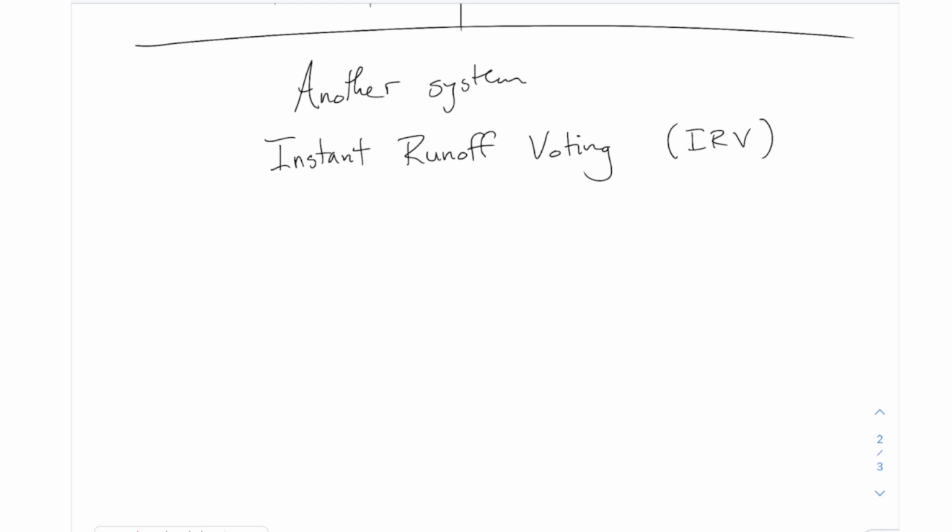And the purpose of this, it is designed to be a system in which people's choices lower down on their list can actually be meaningful if their top choice doesn't win. So it's meant to, I will say, honor voters' second, third, etc. choices in case their top choice doesn't win.